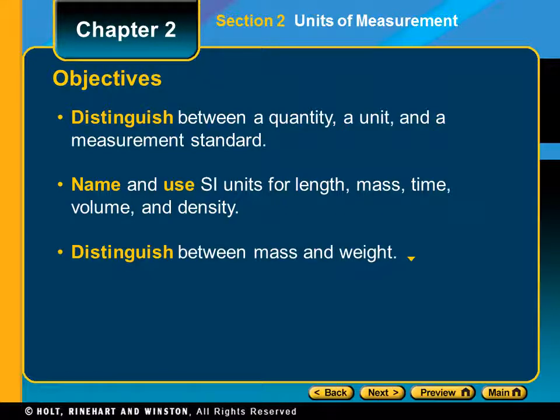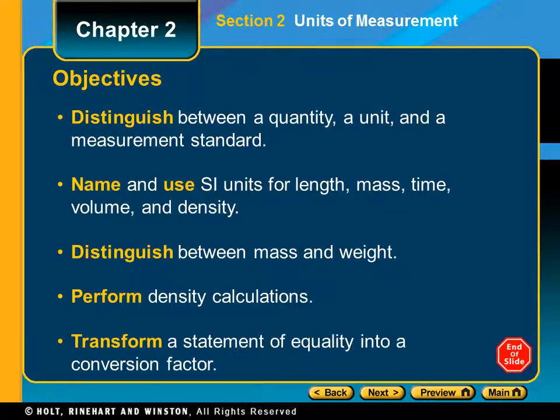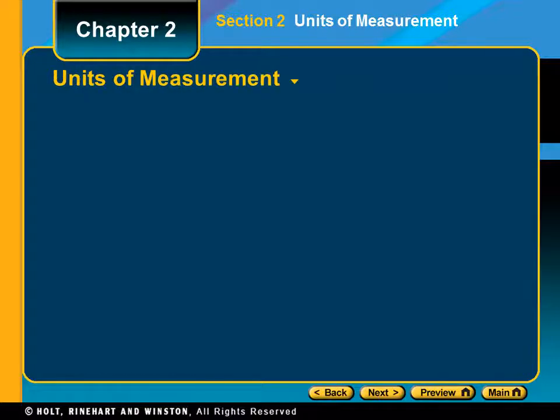We're going to distinguish between mass and weight, something that we've already done a bit. We're going to look at density calculations, and transform a statement of equality into a conversion factor. Now we're getting into the heart and soul of the types of problems you're going to do in chemistry. You're going to need to be able to apply all of these properly and appropriately.